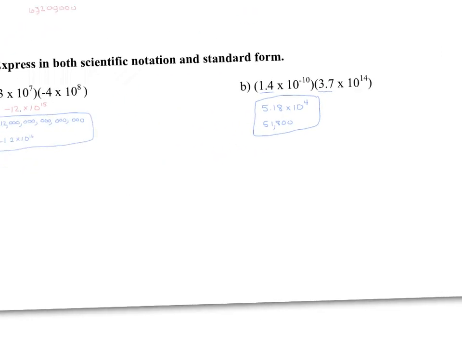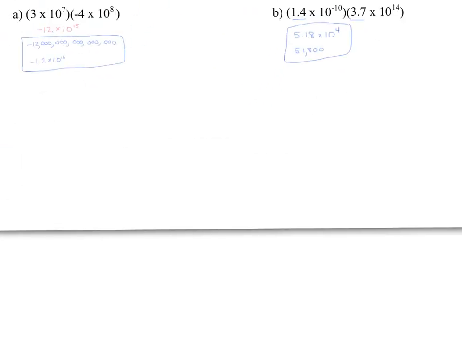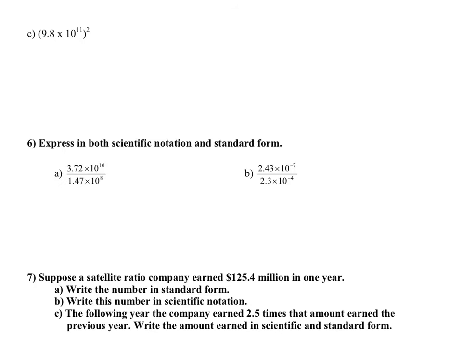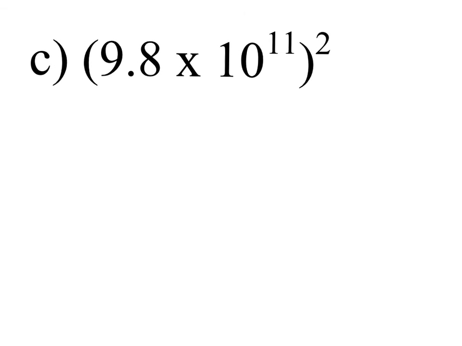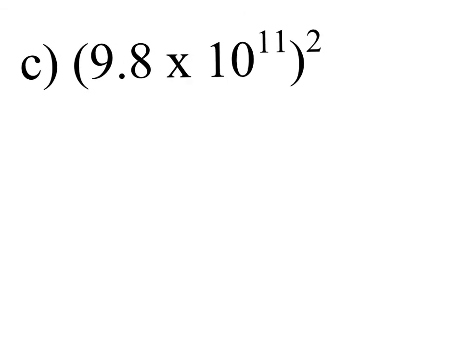Okay, all right, example C. Now, anytime we have a squared, that means write it out twice.